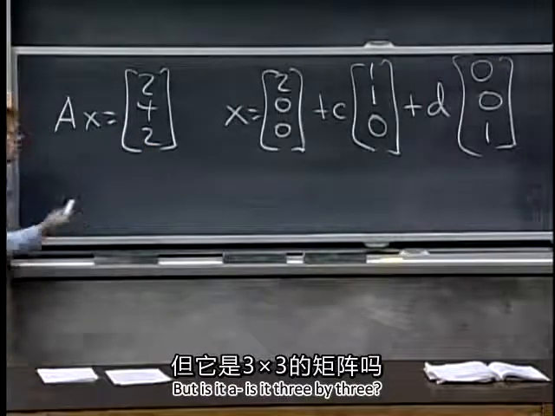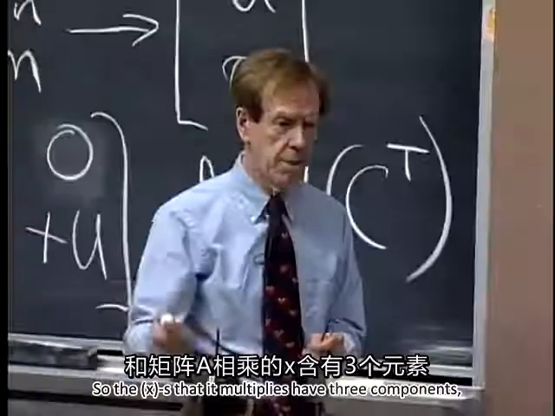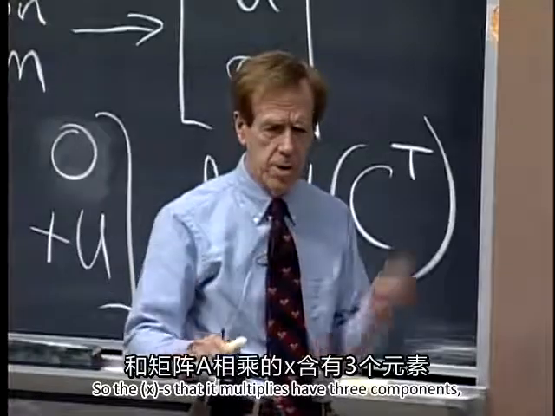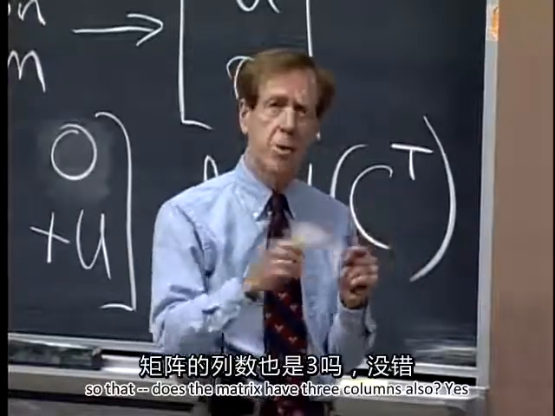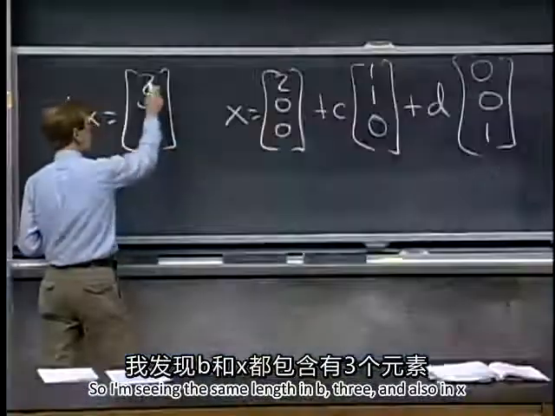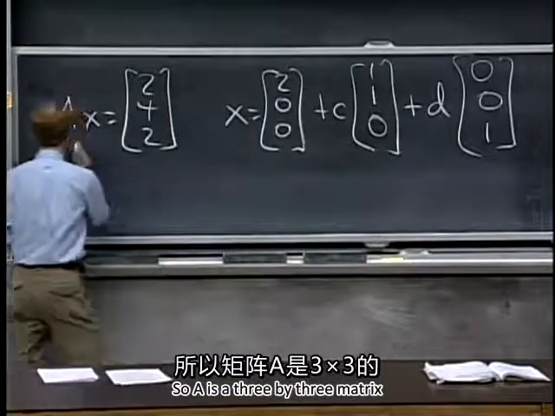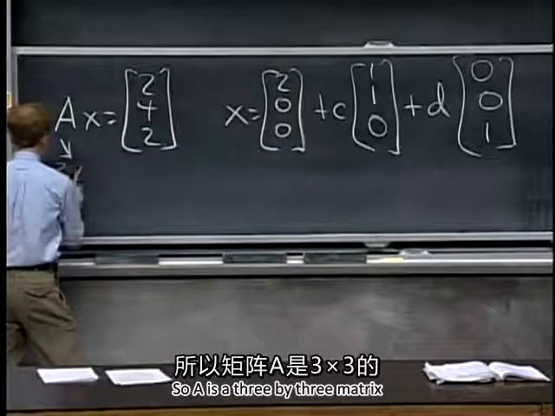But is it 3 by 3? Do the x's that it multiplies have 3 components? So does the matrix have 3 columns also? Yes. So I'm seeing the same length in B, 3, and also in X. So A is a 3 by 3 matrix.